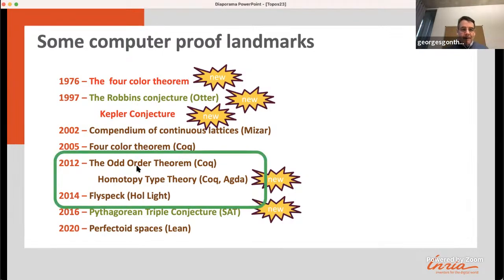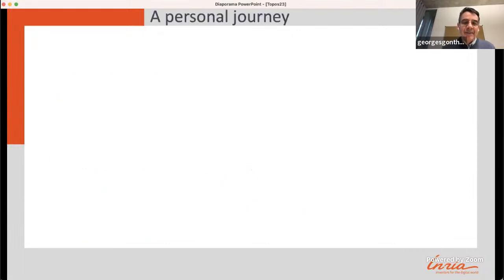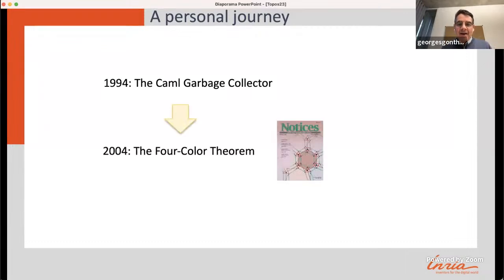And my contribution, that rectangle is not in the right place. My contribution was the four-color theorem and the odd-order theorem, and that's mainly what I'll be picking my examples from today. So I got hooked on this subject by first actually applying computer proofs to computers and doing something called the Caml garbage collector.